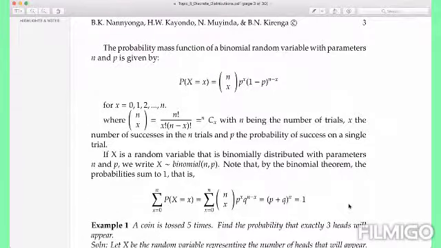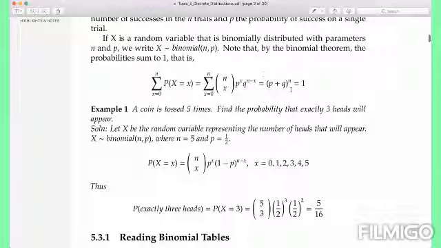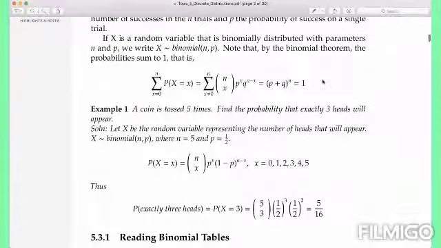And you also have to remember this from high school, from the binomial theorem. What we are showing here is that the binomial is indeed a probability mass function. So we sum from x equals 0 up to n, and we get 1.